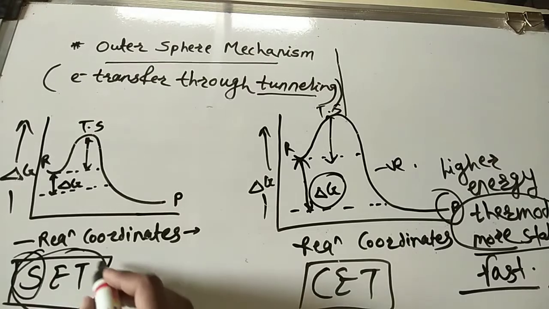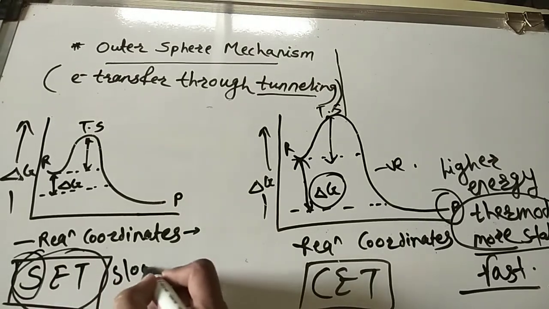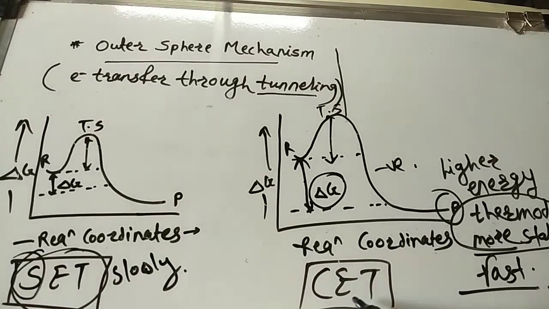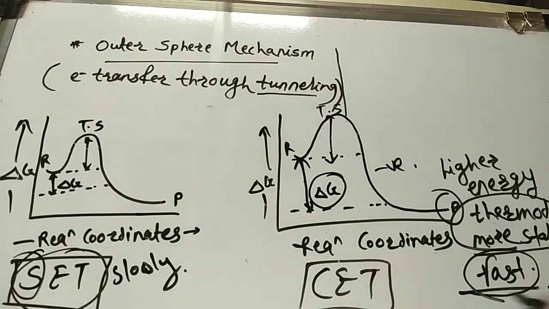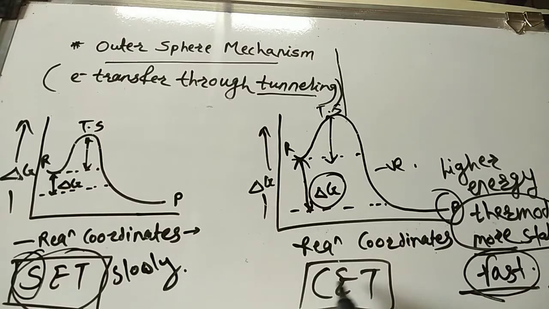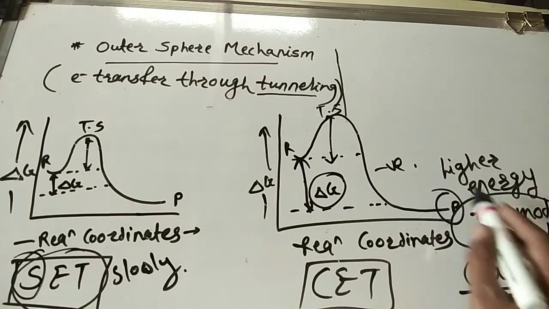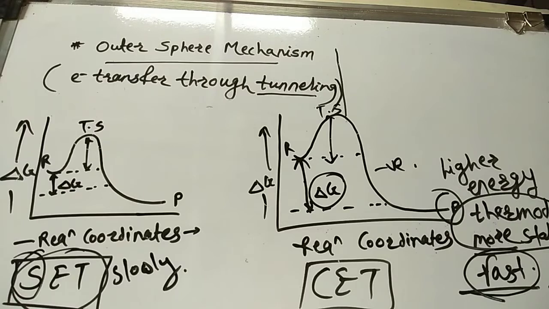So the self reaction occurs slowly while the cross electron transfer reaction occurs fast. Why is it so? Because in cross electron transfer reaction, the product generated is thermodynamically more stable.